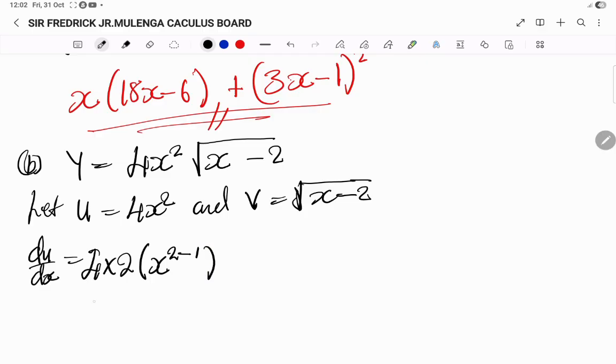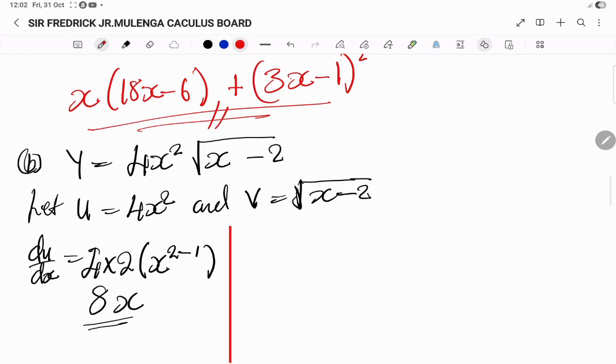So this gives us 8 times x, that's definitely what we're going to have here. So we are done with the first function. Then we go to the next one.